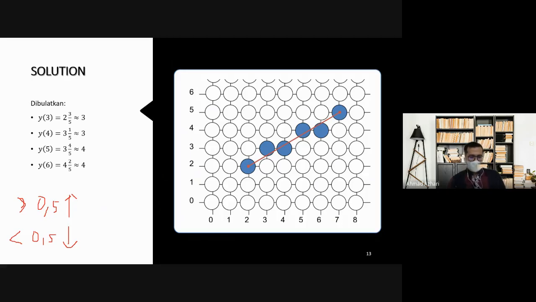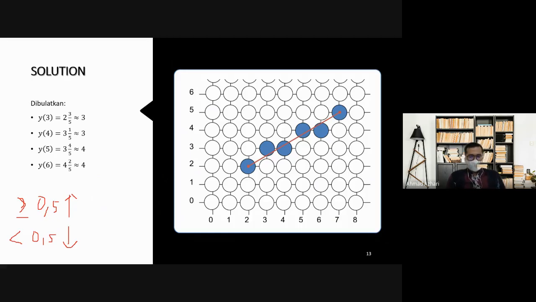So 13 divided by 5 is 2.6, meaning 2 and 0.6.